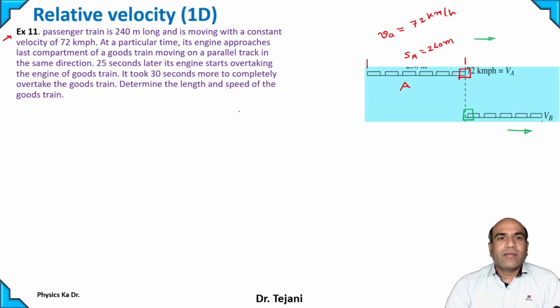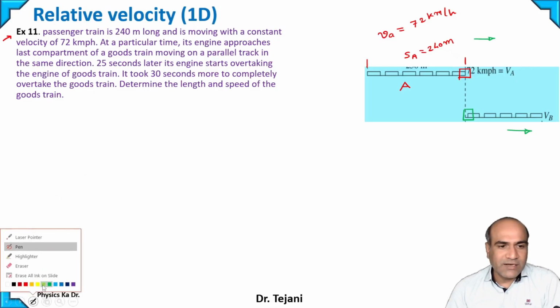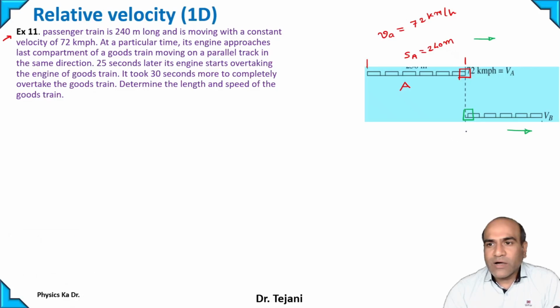Fine. So what happened? 25 seconds later, the engine starts overtaking the engine of the goods train. So after 25 seconds, the engine reaches somewhere here, nearby the engine of the goods train.